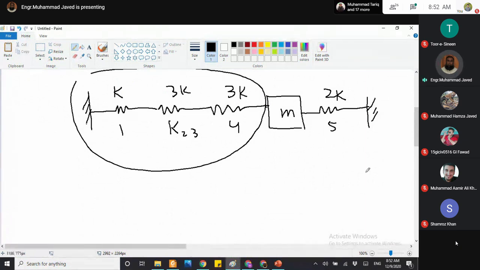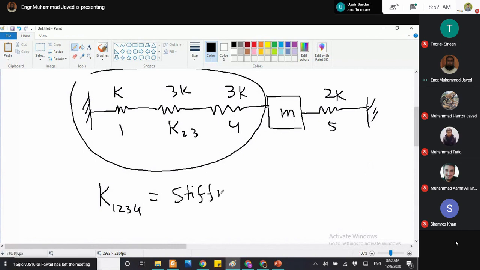Or in this case, let K dash, say K1, 2, 3, 4 is the stiffness of these three springs.